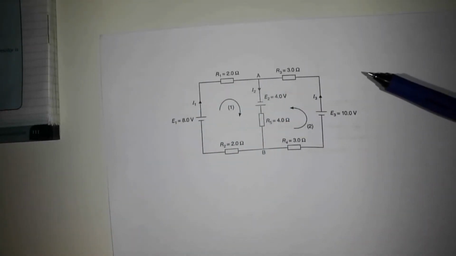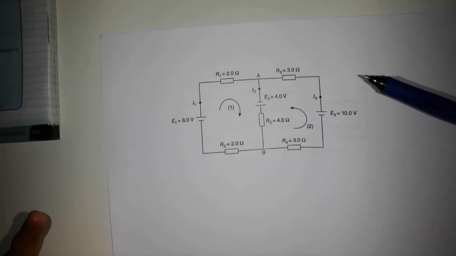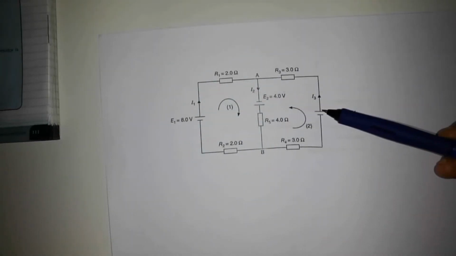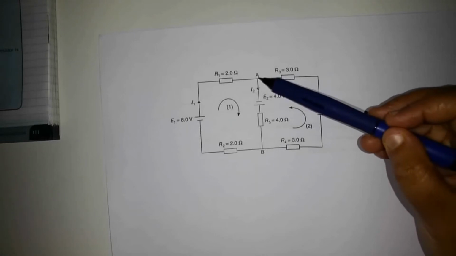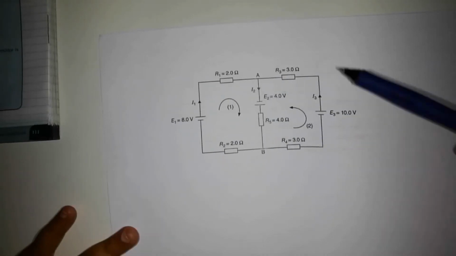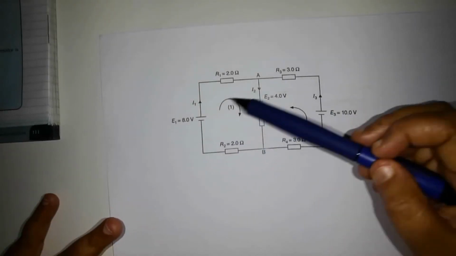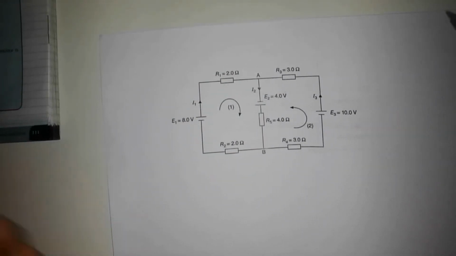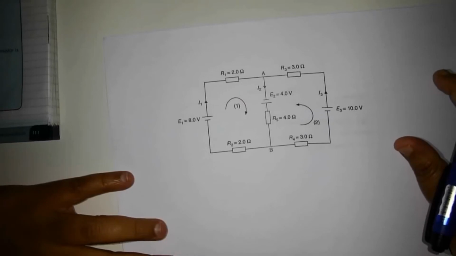In this question, they say negligible internal resistance, and they want us to find the value of the current I1, I2 and I3, and they want us to find the potential difference between A and B. So this kind of question, you see, got more than one EMF, we have to use Kirchhoff's law to solve this question.